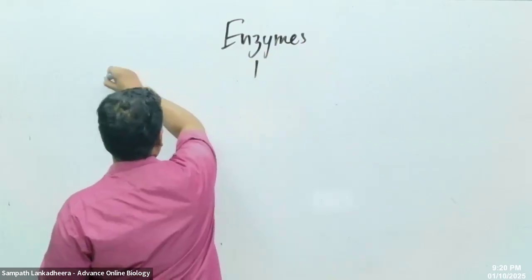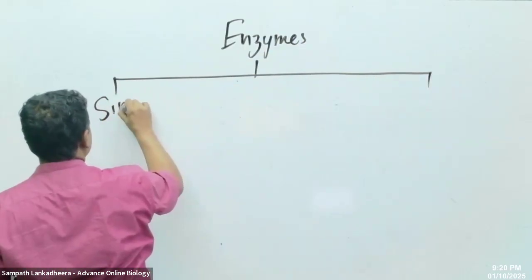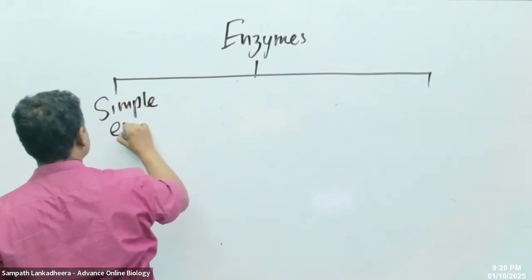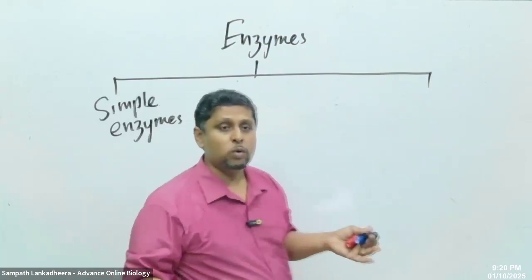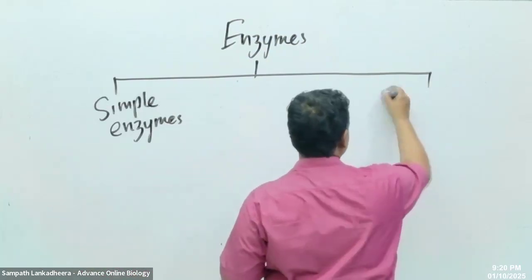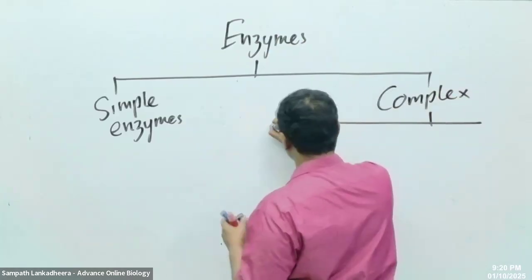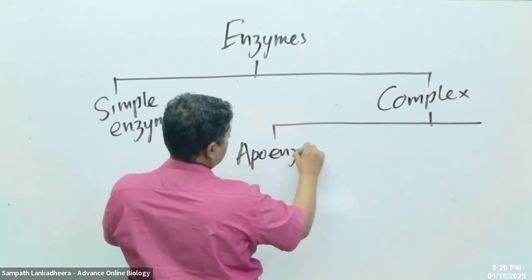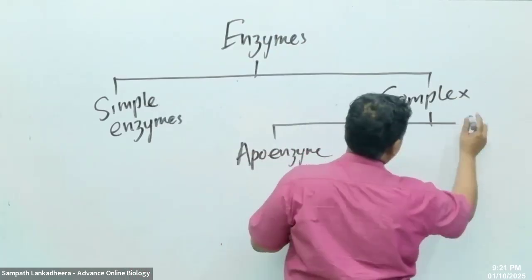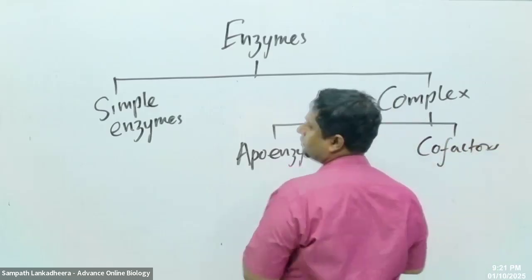You learn that some enzymes are simple enzymes, which means they don't have cofactors. Some enzymes are complex. The complex enzymes have two parts, the apoenzyme and the enzyme cofactor.